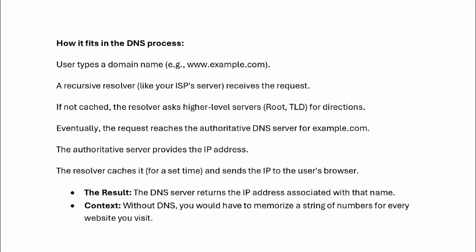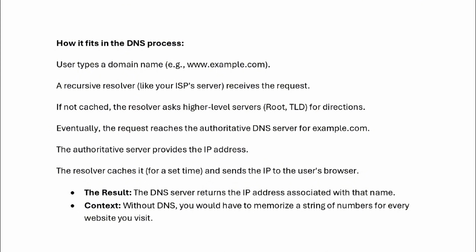Eventually, the request reaches the authoritative DNS server for the example.com site. The authoritative server provides the IP address. The resolver caches it for a set time and sends the IP to the user's browser. The result is that the DNS server returns the IP address associated with that name.